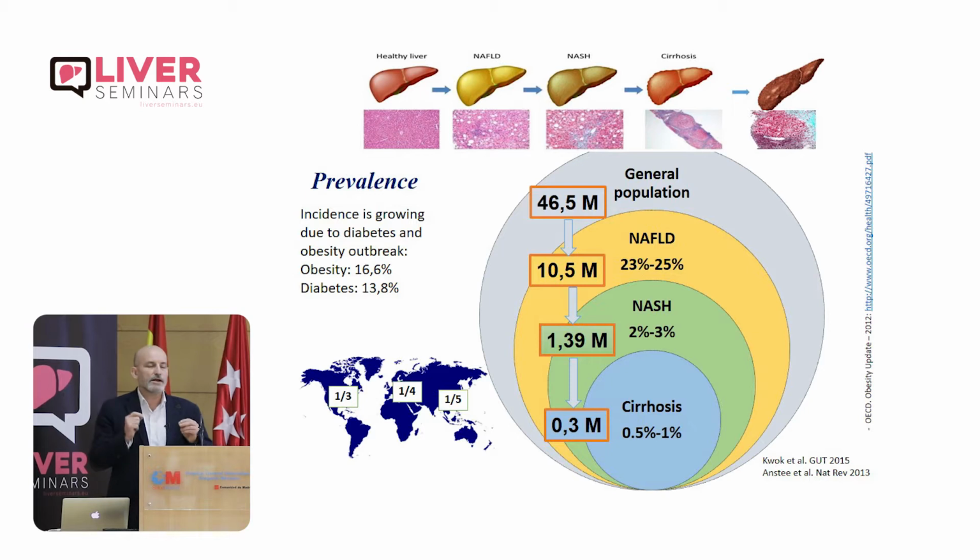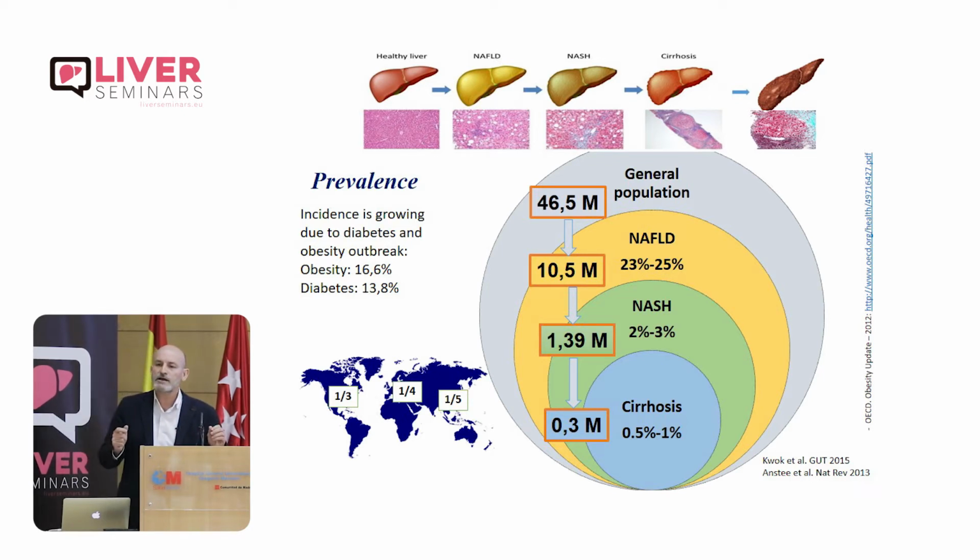The most surprising data is that we can calculate 1.4 million Spanish people suffering from NASH and 0.3 million with cirrhosis. 300,000 people with cirrhosis is the largest outbreak in comparison, for example, with hepatitis C, on which we have spent so much effort in the last 30 years.